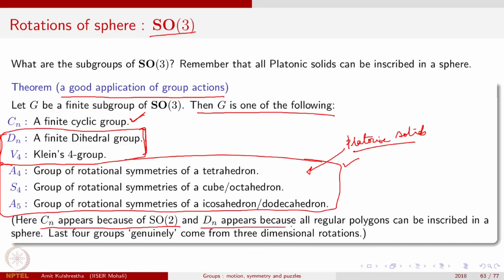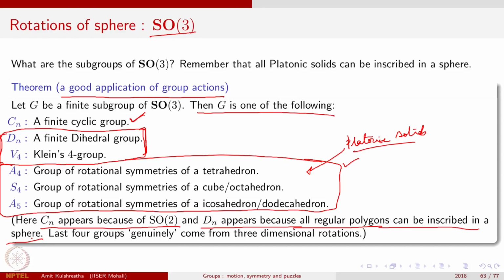Dn appears because all regular polygons, the two-dimensional ones, can be inscribed in a sphere. That's correct. You have a sphere, you consider the equator of the sphere, that is a circle, and on that circle you can have all regular polygons. So if you have a regular n-gon, what you have is the dihedral group, right?